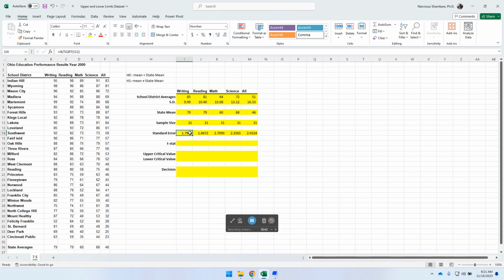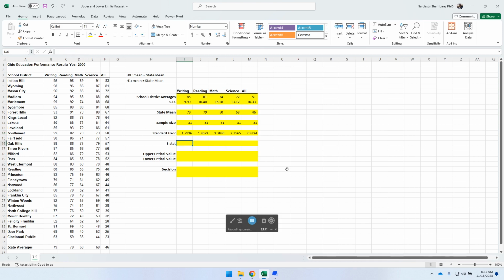An alternative title for it is the sampling error. The size of the sample has an impact on helping us understand the validity of that sample from the population. So that's what I did here: standard deviation divided by the square root of the sample size.